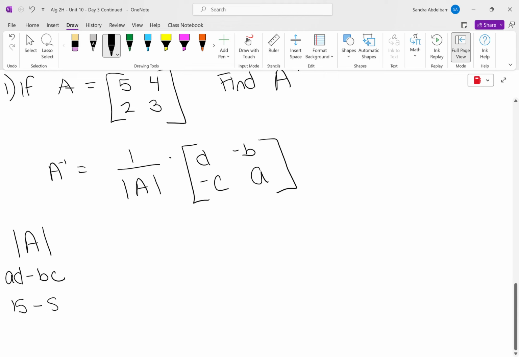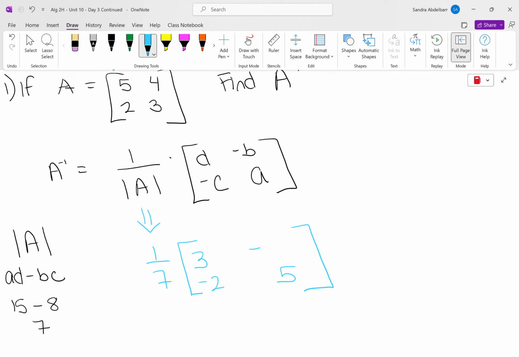So I'm going to have 15 minus 8, which is 7. So that means we are going to be 1 over 7 times, now I'm going to switch the numbers on that first diagonal, so 3 and 5 switch, and then I'm leaving 2 and 4 in the same positions, but I'm negating them, so negative 2 and negative 4.